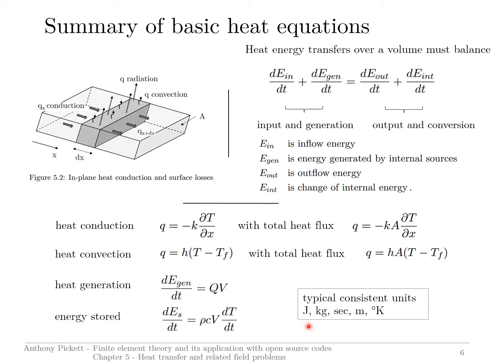I've listed here typical properties, consistent units. So for each of these different quantities here, they would have units depending upon, for example, these kind of material properties or heat properties.